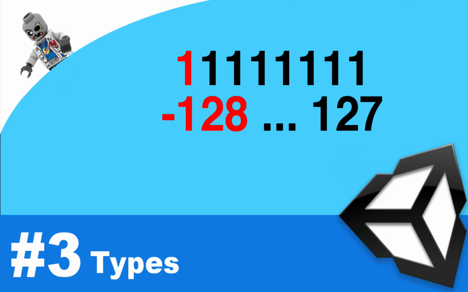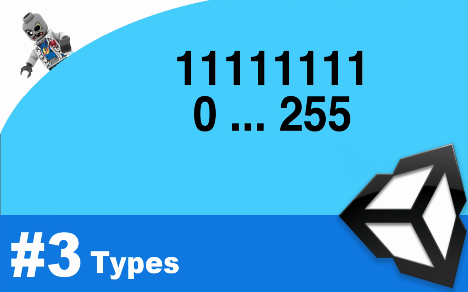We call these unsigned types. So in this case, we're working with 8 bits, which is a byte. And when we're working with signs, the range of the number can be negative 128 to 127. If we decide to discard that signing bit and use it instead to increase the value, the range of that byte goes from 0 to 255.